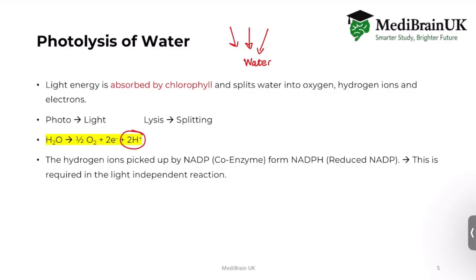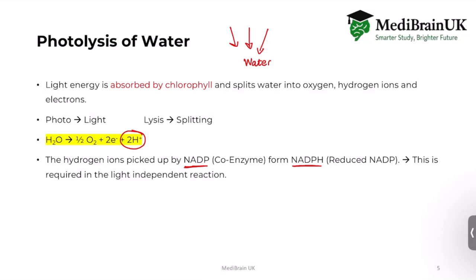The hydrogen ions are going to combine with the coenzyme NADP. And when it combines with the coenzyme NADP, it becomes reduced NADP, which is NADPH. Okay, because remember, when anything picks up hydrogen, it becomes reduced. So NADPH is reduced NADP.